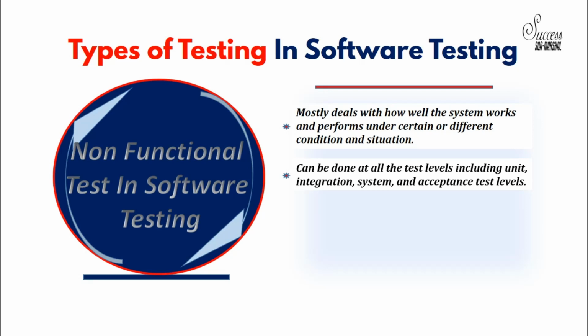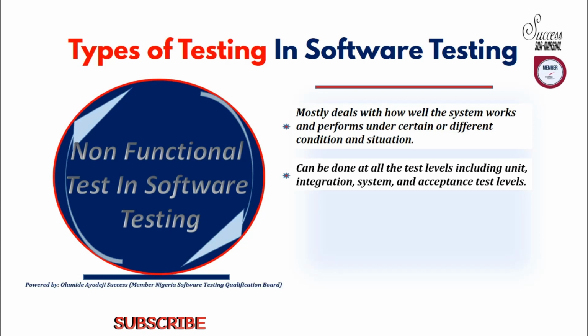Then we also have system testing, and we have acceptance test levels. At all these test levels, non-functional tests can be done. So it means that at the unit level, you can check how well this program functions. Does it respond in time, or is it taking time? That can be done at every test level.